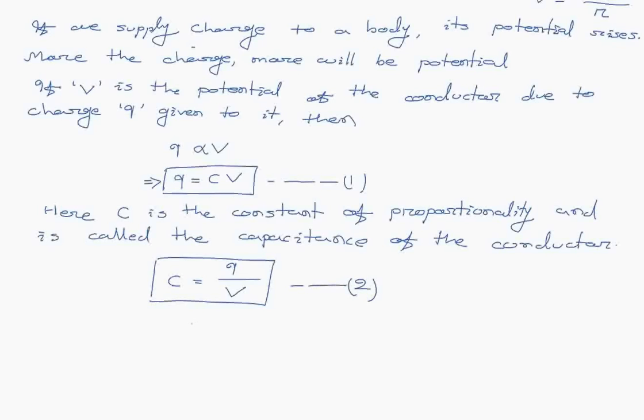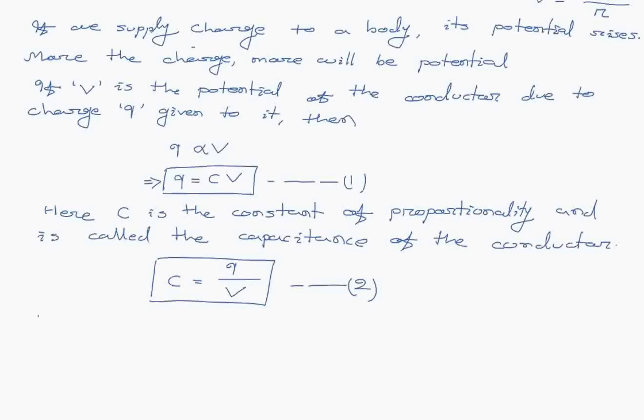So the capacitance of a capacitor is defined as, so it is a quantitative definition of the capacitance. It is the ratio of charge on the conductor to its potential.